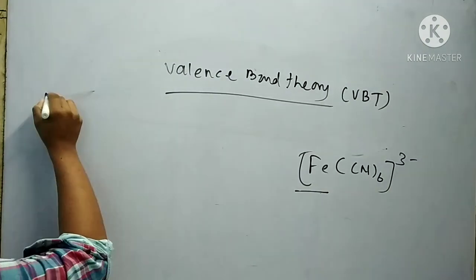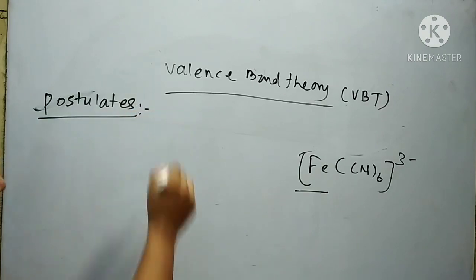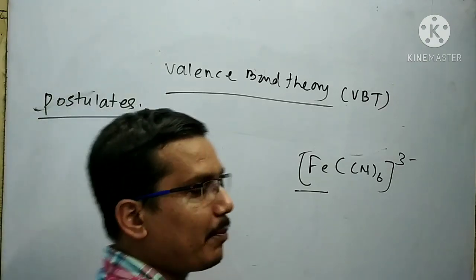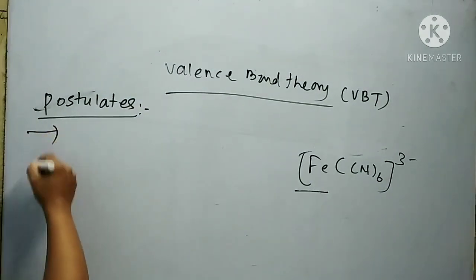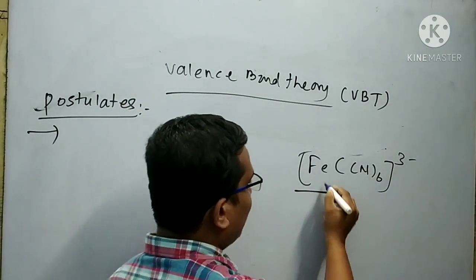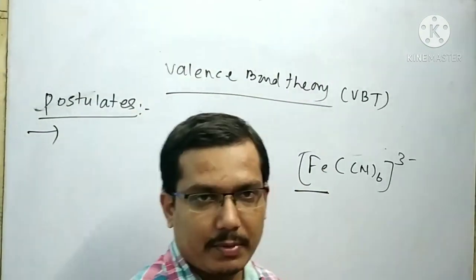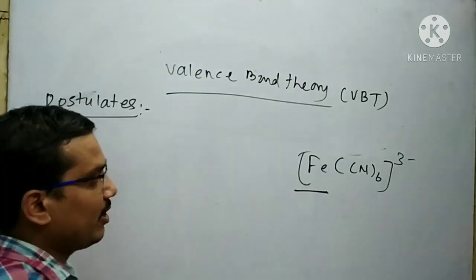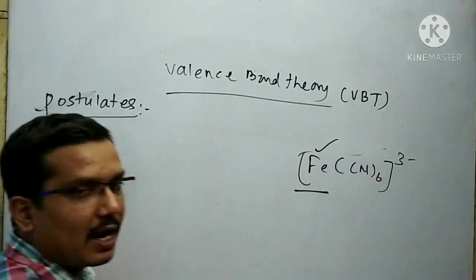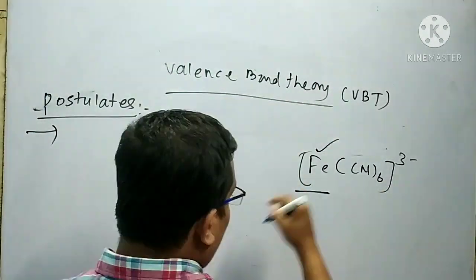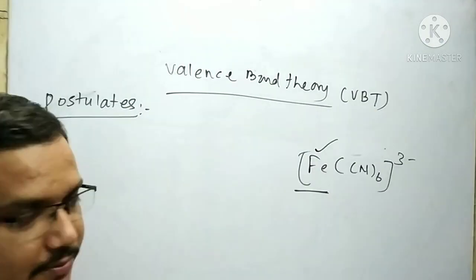So at first I will discuss the postulates of Valency Bond Theory. What are the postulates? The first point is that the central metal atom or ion makes available a number of orbitals equal to its coordination number to accommodate the electrons of the ligands.